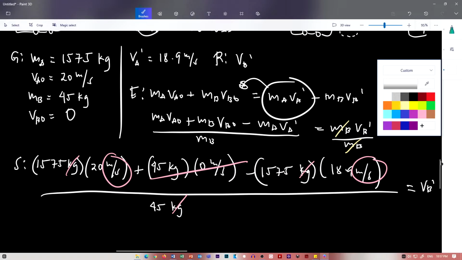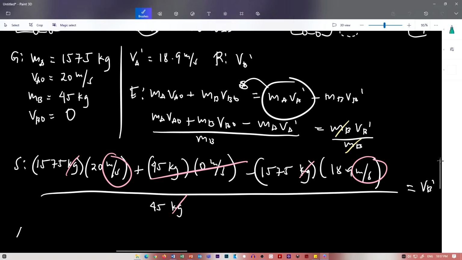So that would be subtracted to 1575 times 18.9. Okay, which is of course all divided by 45. Okay, divided by 45. So what's our answer? So what's your answer? Okay, so hopefully you got the same answer as mine. Okay, which is what? 38.5.